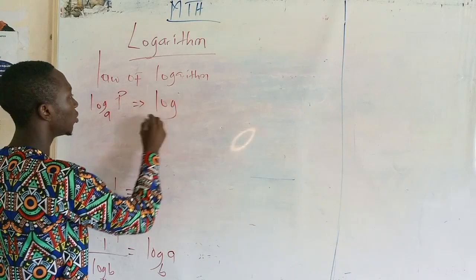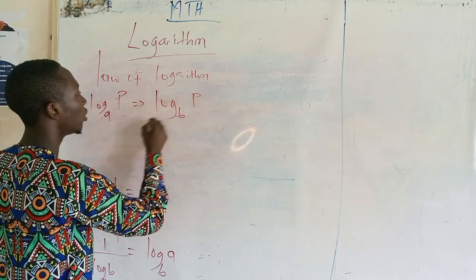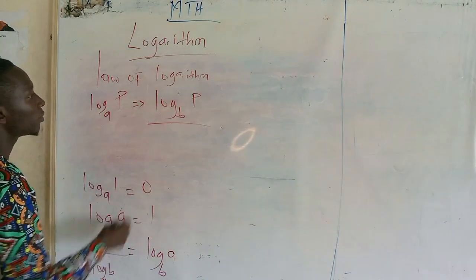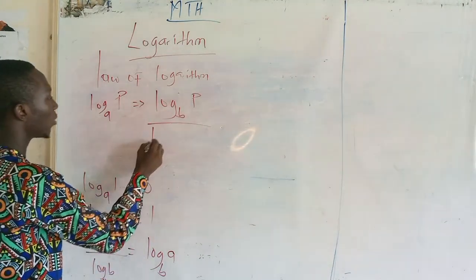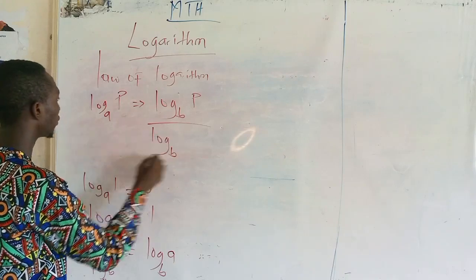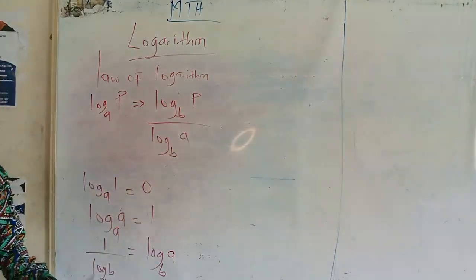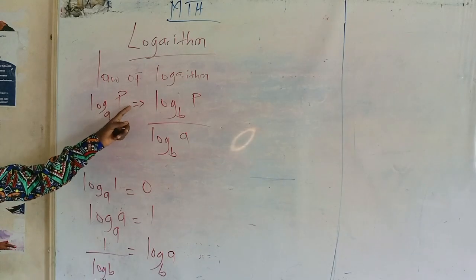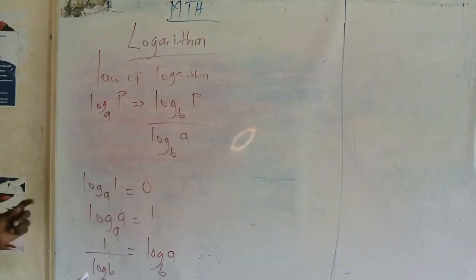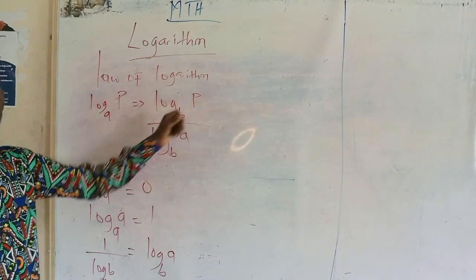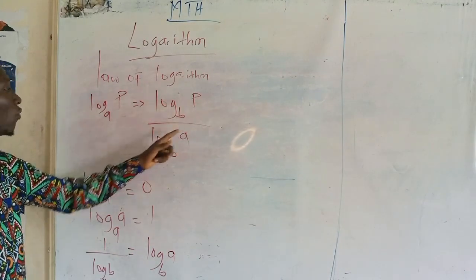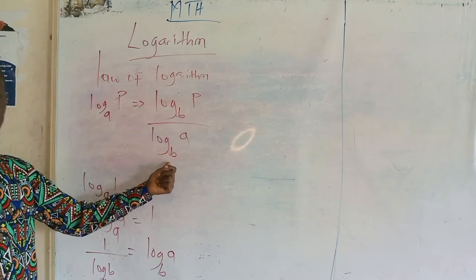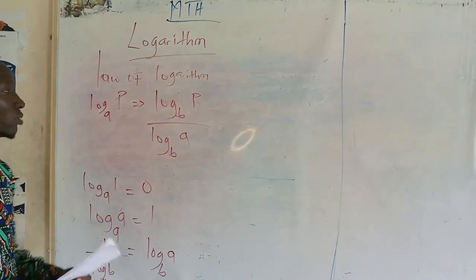We can write it like this: log P base A can be written as log P, we introduce a similar base, B, over log A, we introduce a similar base, B. So that's just it.